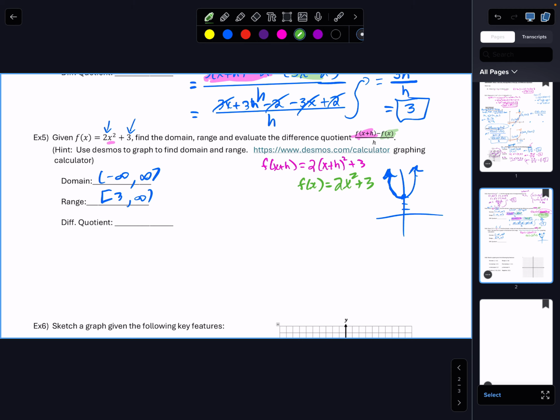So in the difference quotient, we're going to have this 2 times x plus h squared plus 3. That is your f of x plus h. And subtract from it the entire quantity, 2x squared plus 3. And all of that is going to be over h.